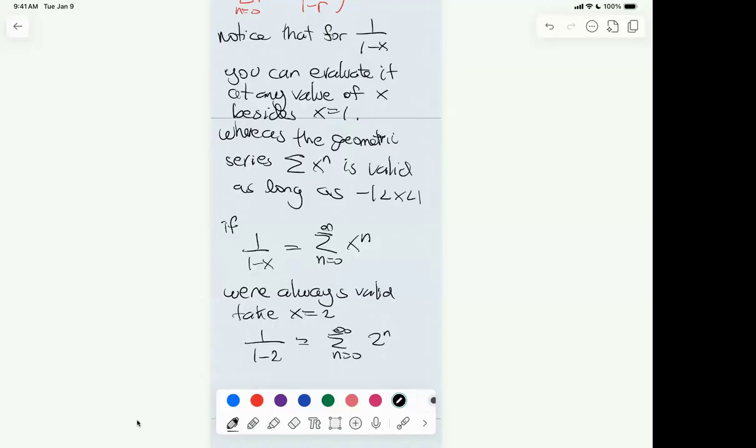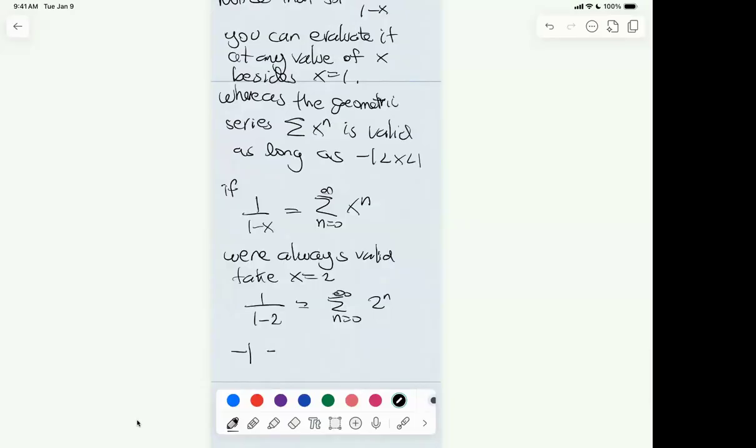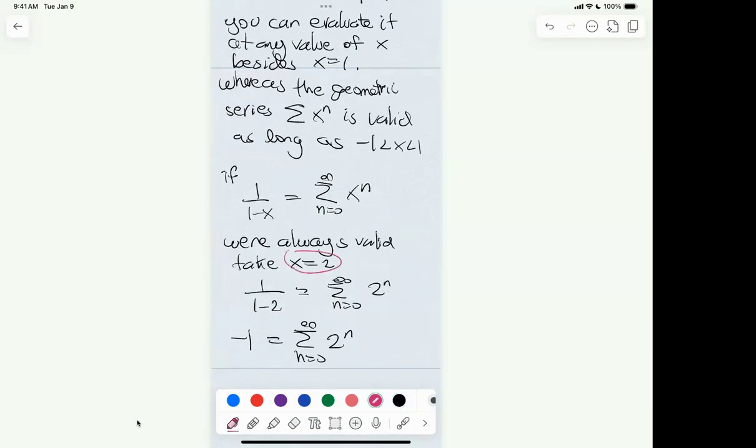So you get something completely silly, like -1 equals a sum of positive quantities. That tells you this is completely off, terrible, right? So this formula completely breaks down once you start plugging in values outside the interval of convergence, what we were calling before the interval of convergence.